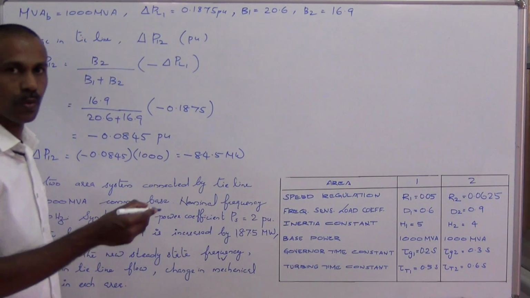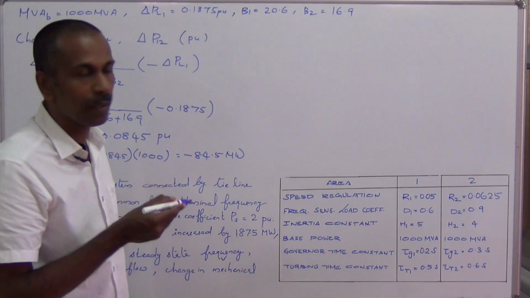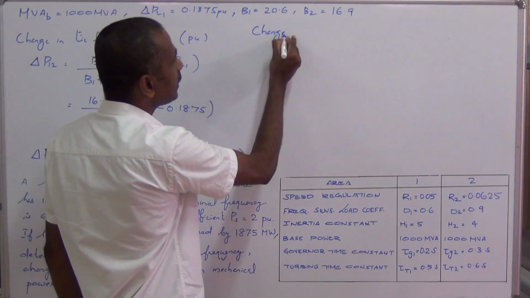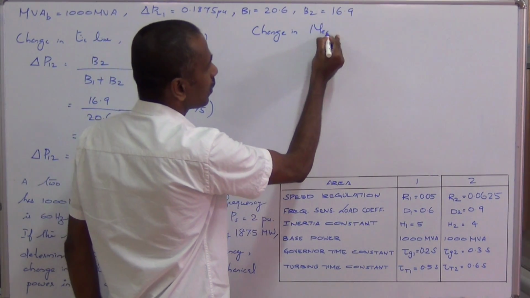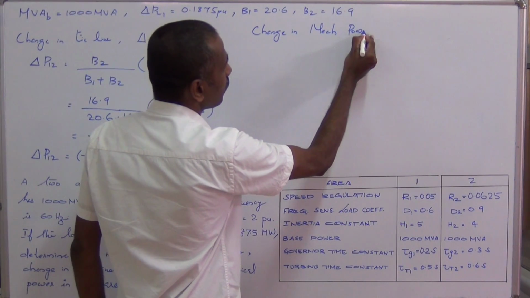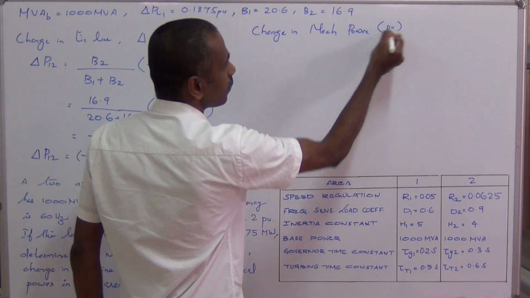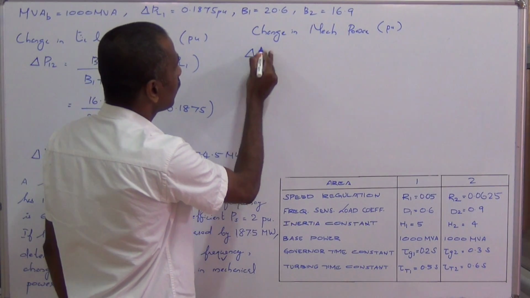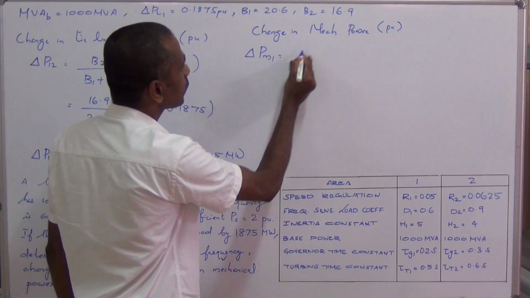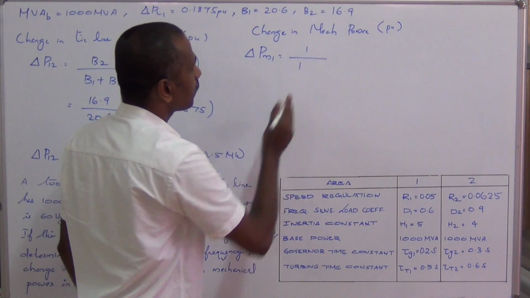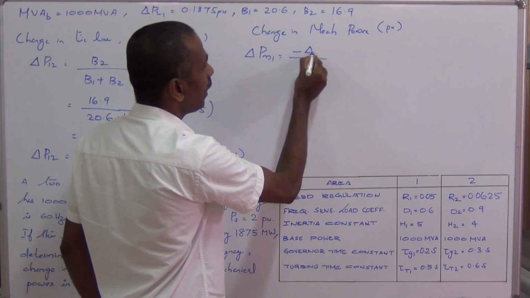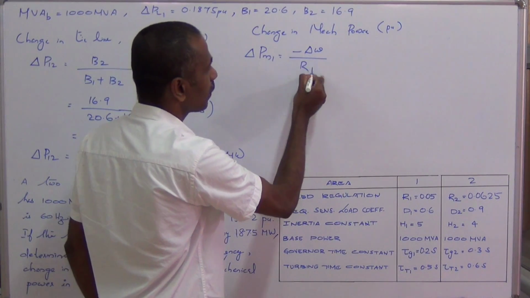Now let us find out the changes in mechanical power. We are finding out the per unit change in mechanical power. Delta PM1 equals 1 by R1 into minus delta omega.